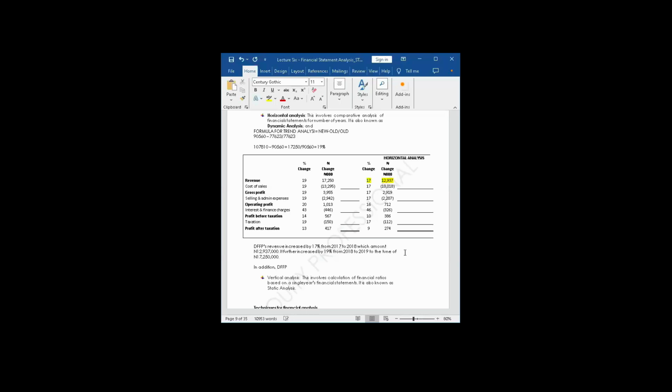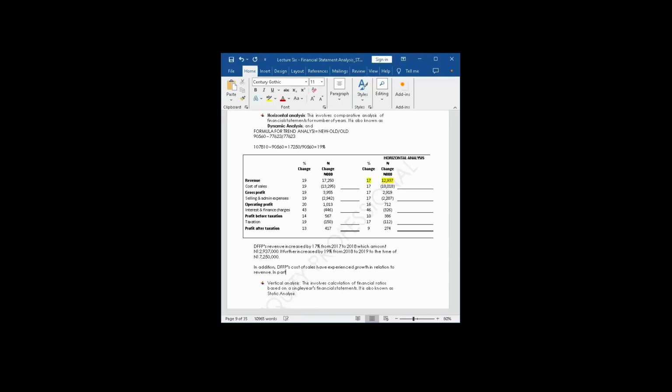In addition, DFFP's cost of sales has experienced growth in relation to revenue.